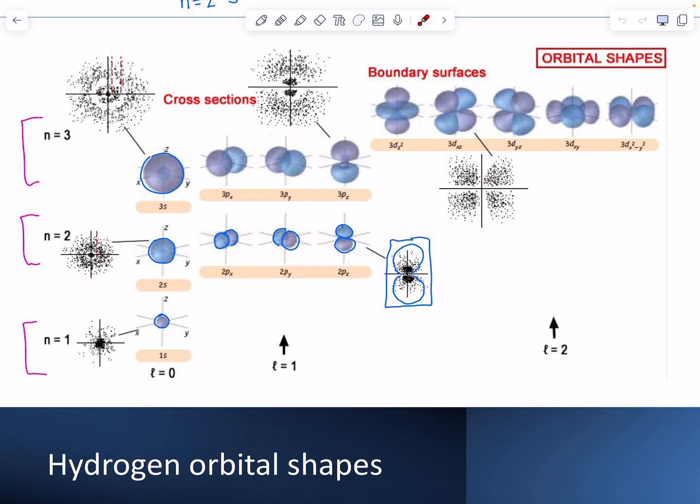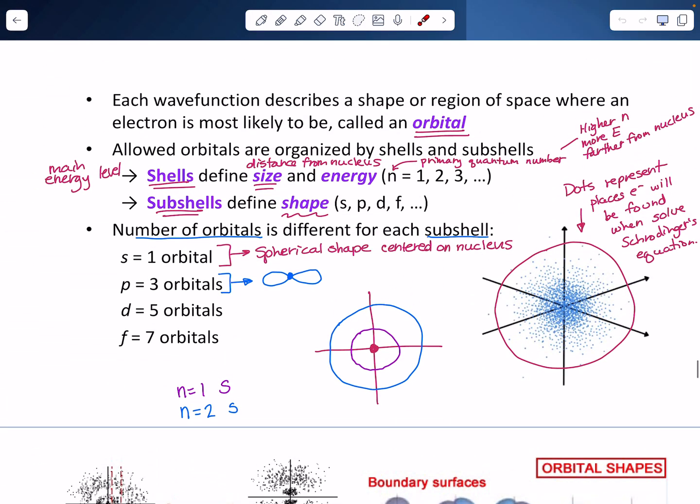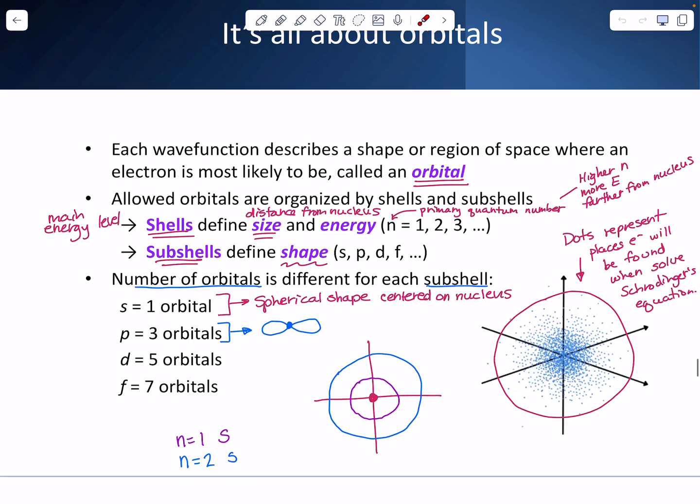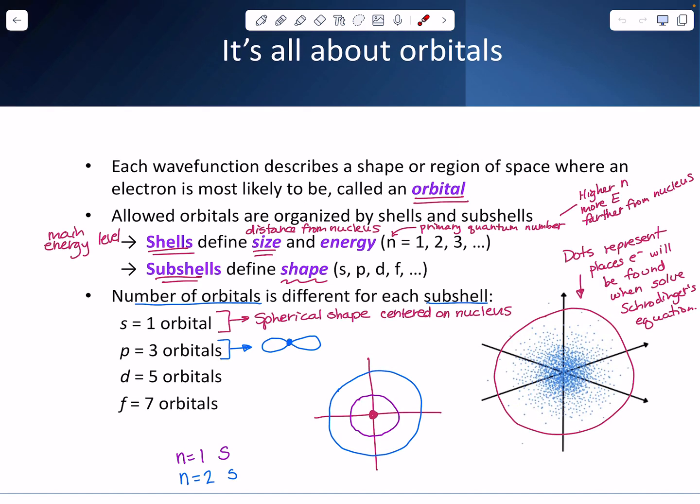All right, so to this point, we have built our model up, and we have a couple of different quantum numbers. So n is going to be the quantum number that gives us the size of the energy level, the size of the orbital, the size of how far our electron is going to be from the nucleus if it finds itself in that shell.